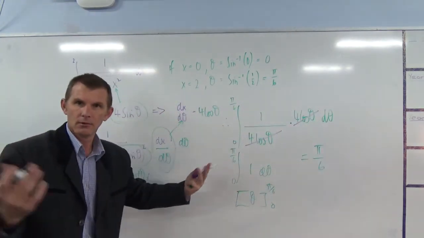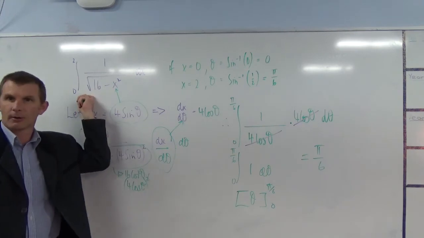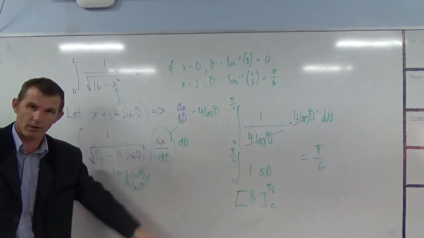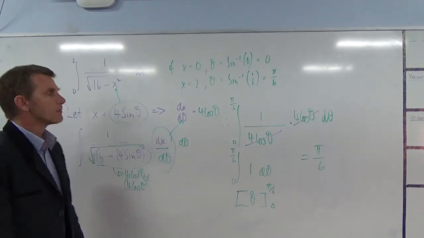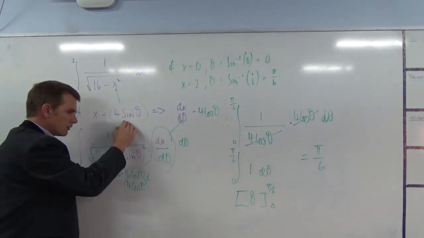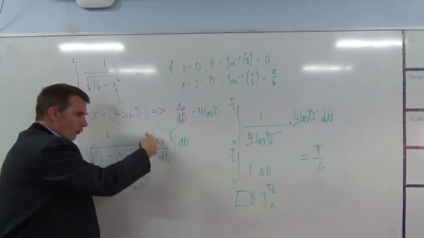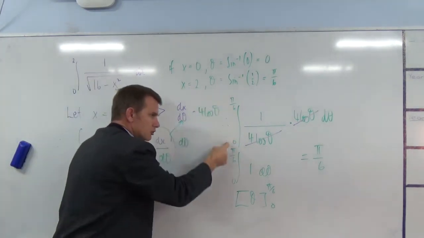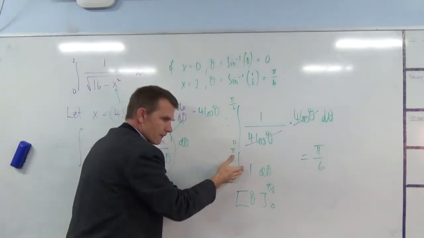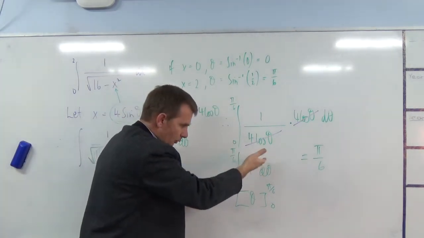Done? I mean, back over here, you would never have spotted that. If you haven't seen this sort of question, you'd never look at that and go, oh, that's going to be pi on 6. But once you've done the substitution, tidied up, multiplied by what you need to get it in terms of theta, changed your limits, it actually falls out real neat. This is simple.